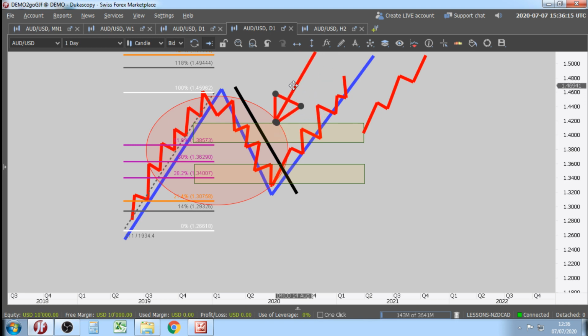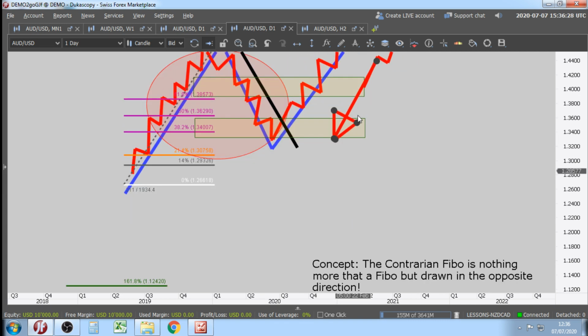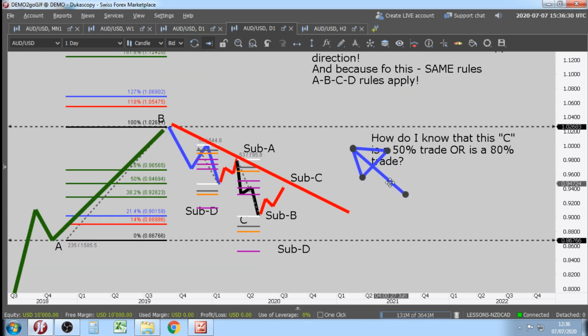Don't come crying back, everybody, saying, oh, I'm losing because I'm buying here. It's 50-50. Be patient and wait for the Fibonacci to show you that it has this so-called confirmed C.